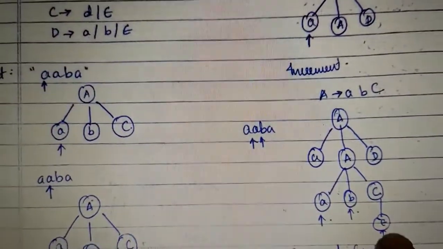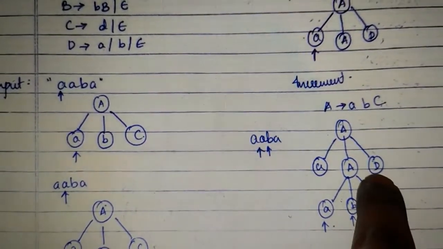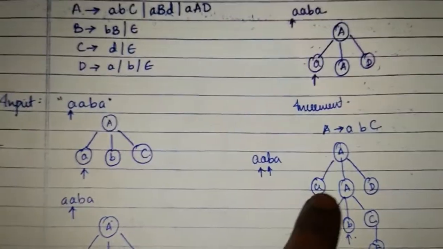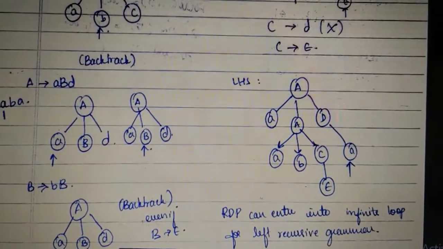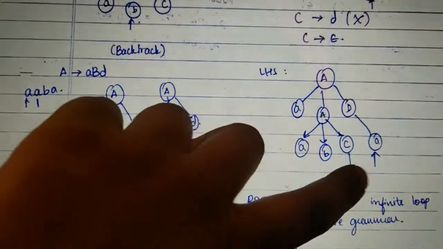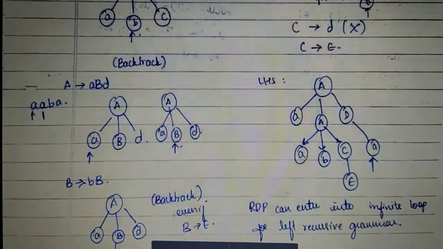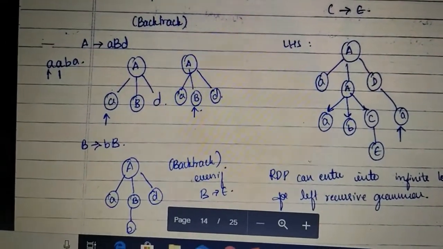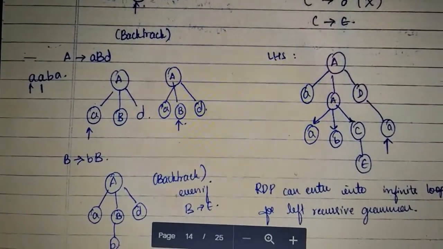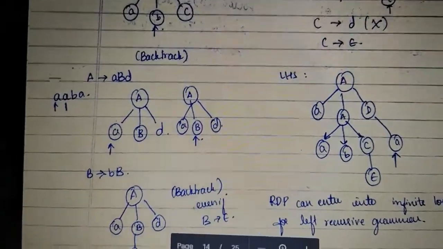So this epsilon is as it is, and then we will go to D, and in D we have this A. So the final output that we are going to get is AAB epsilon A. Let's forget about this epsilon since it doesn't hold any value. So this AABA is matching our input AABA. So the parsing is successful in this case.